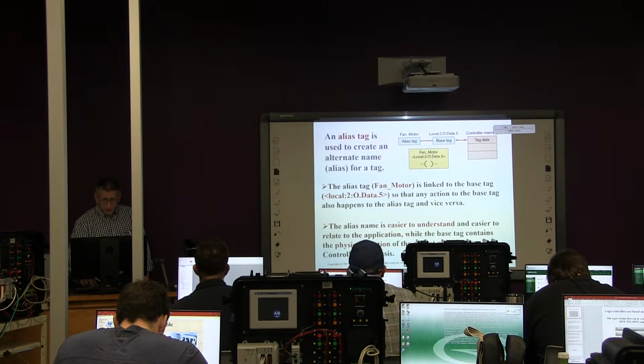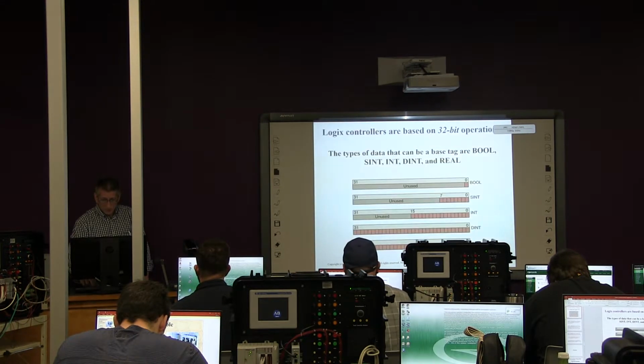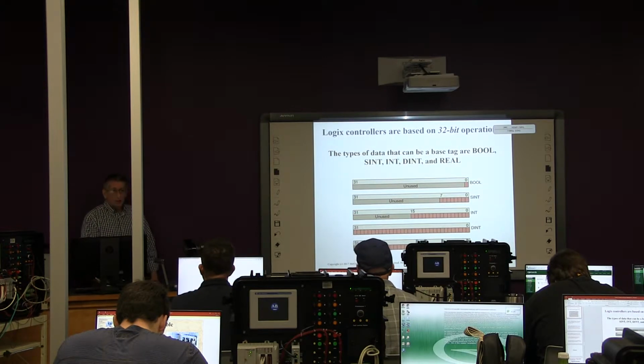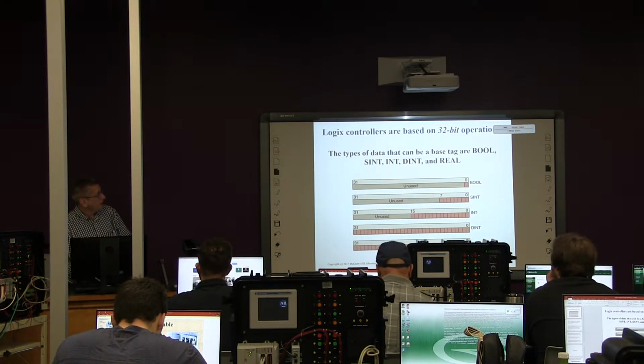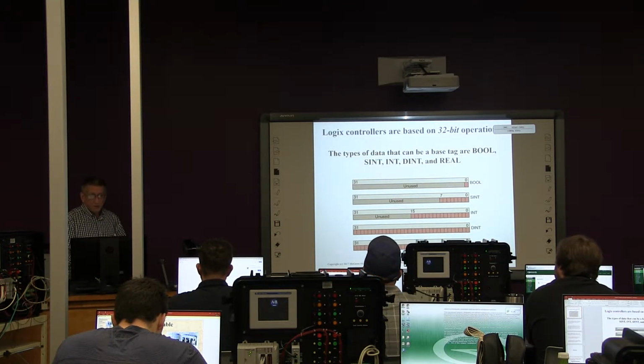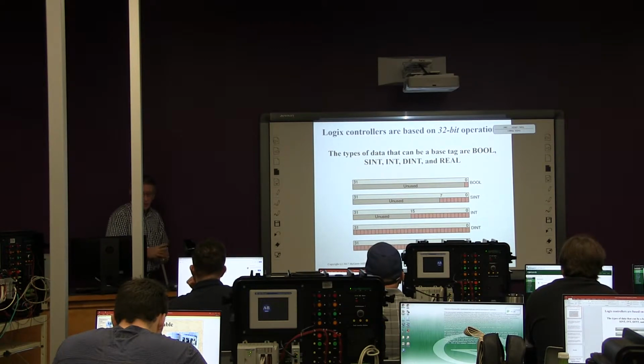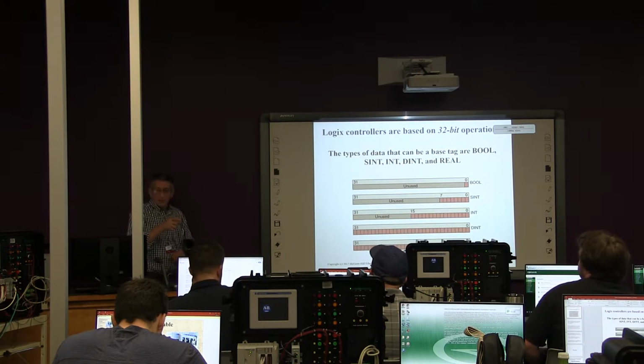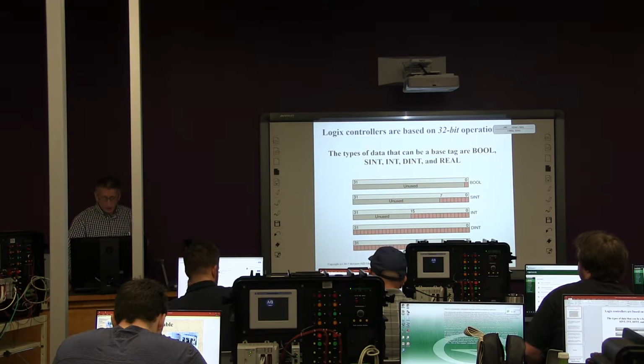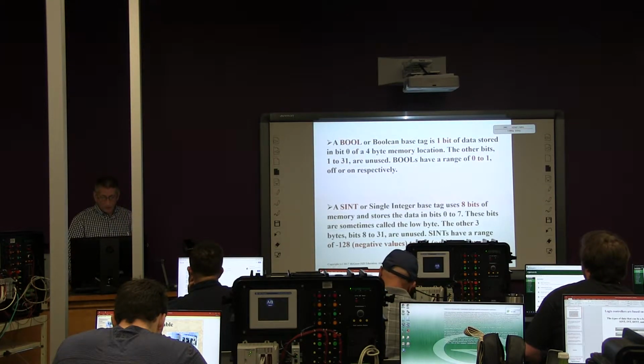Where's that graphic at? I just saw it. Slide 40, there you go. Logic controllers are based on 32-bit operations. The types of data that can be a base tag are listed, and that's where it shows you. In the book, it explains this and goes into a little more detail.